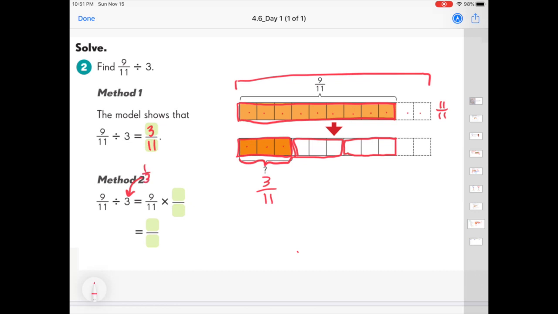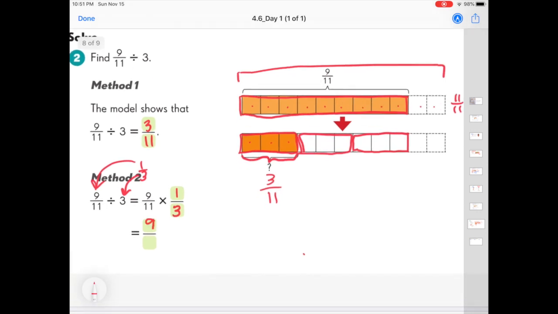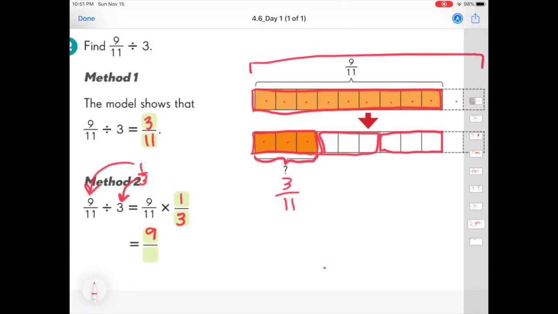So we're taking a third of 9/11ths. So we could say 9/11ths times 1/3. And 9 times 1 is 9. And 11 times 3 is 33. Well, if I divide the numerator and the denominator by 3, they share a common factor of 3, I get 3/11ths, the same as the model method.